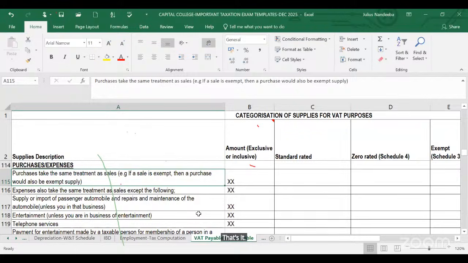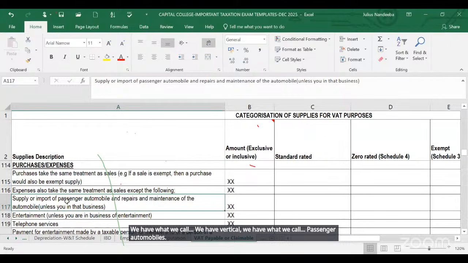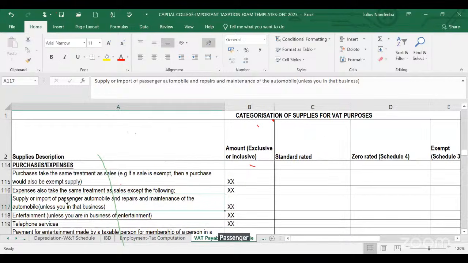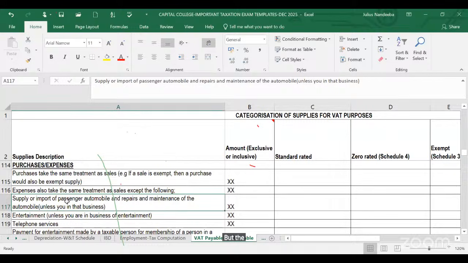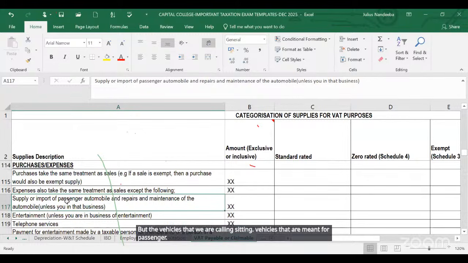So what are the common ones? Number one, we have what you call passenger automobiles. Passenger automobiles, in simple terms, ladies and gentlemen, are vehicles that are meant for passenger transport.